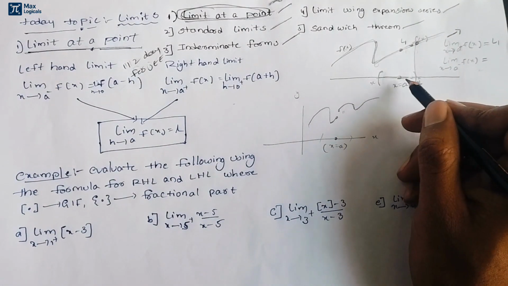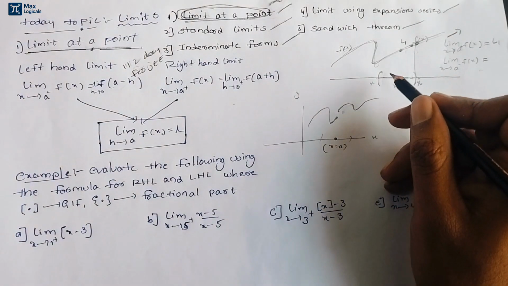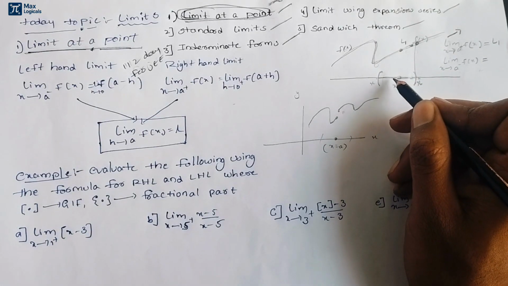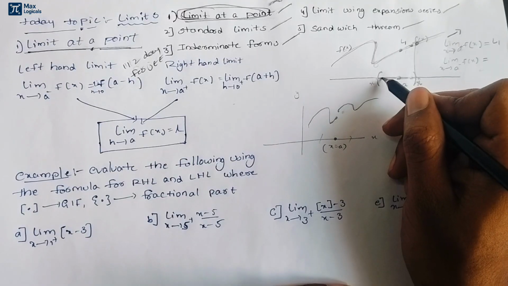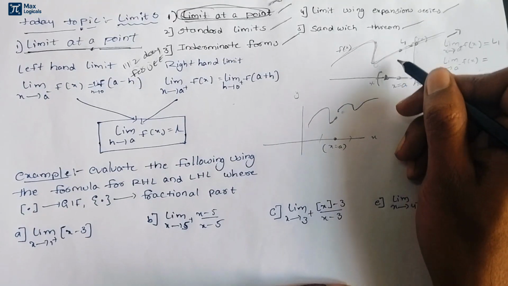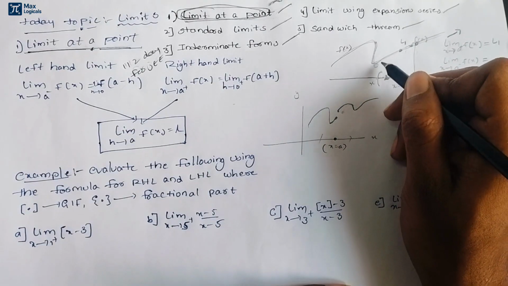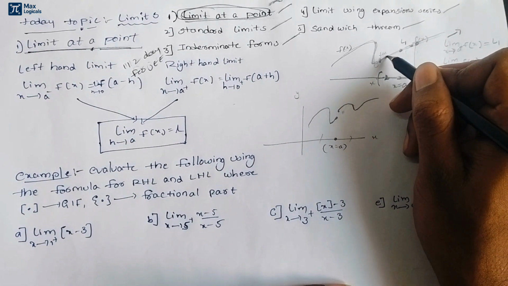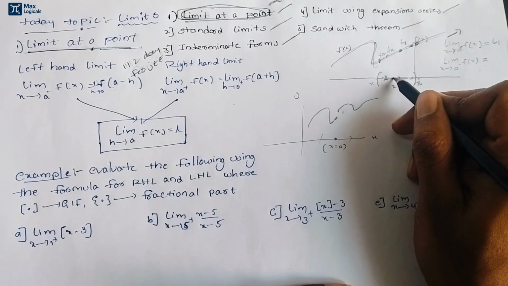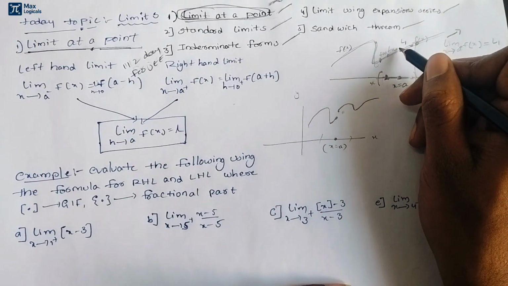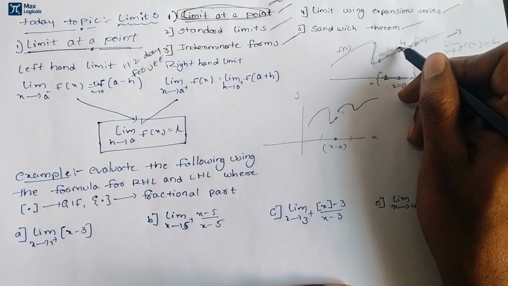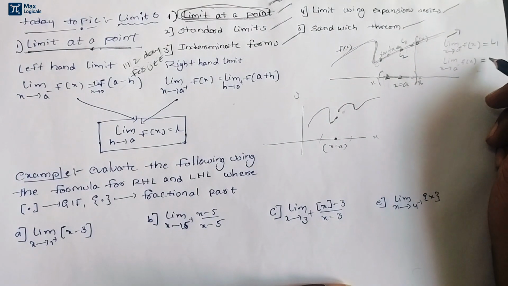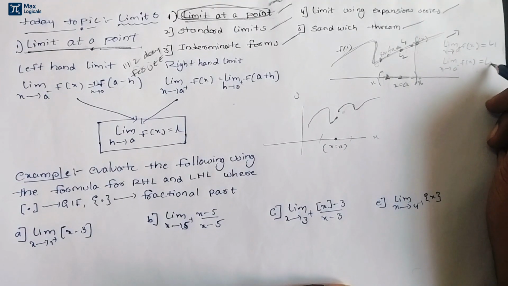And when x approaches a from the left side, f of x also moves towards a point, that is L2. Here limit x tends to a minus of f of x equals L2.